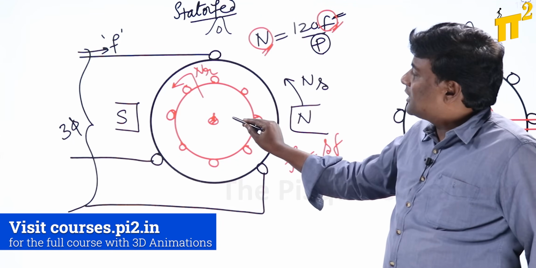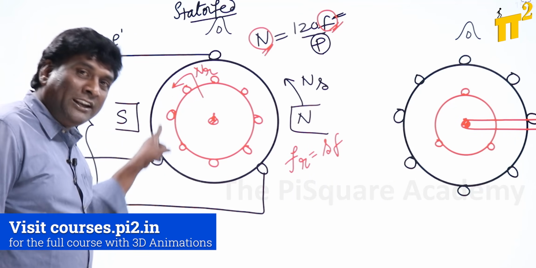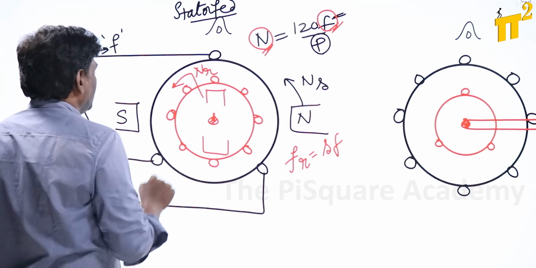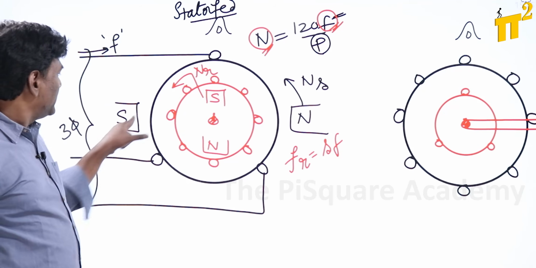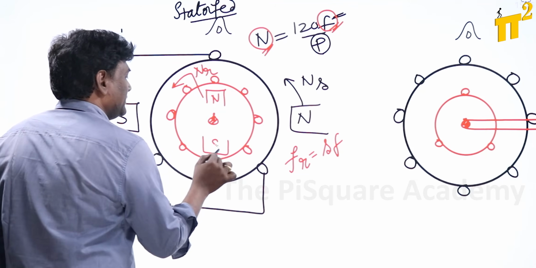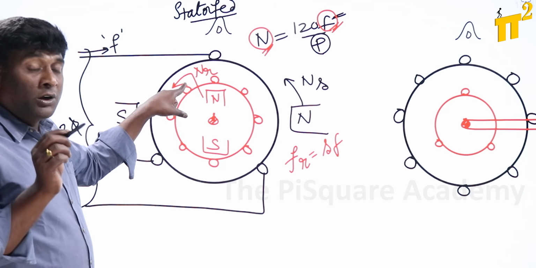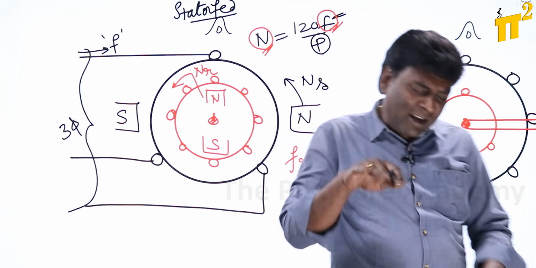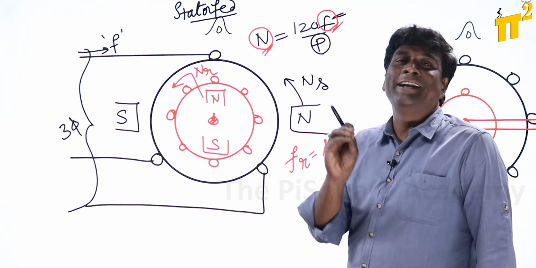So my rotor MMF with respect to the rotor, while the rotor is already rotating with 2700, should be N here and S here, such that N-S attraction happens. Always focus here, because once we understand stator fed properly, rotor fed can be understood immediately. After that, once stator fed and rotor fed are over, the remaining is going to be a simple cakewalk with just equations, network theory, that's it.